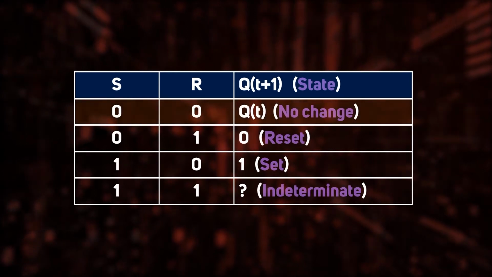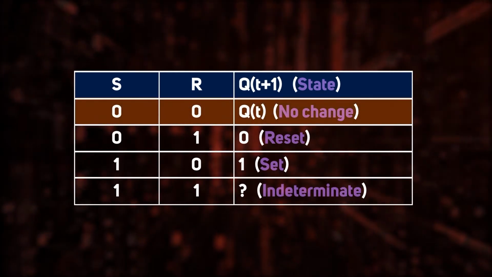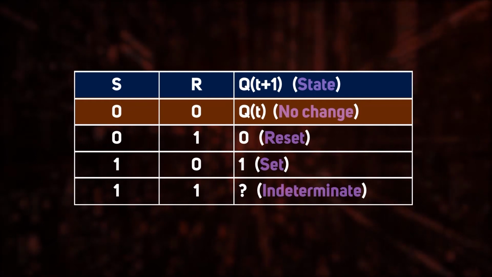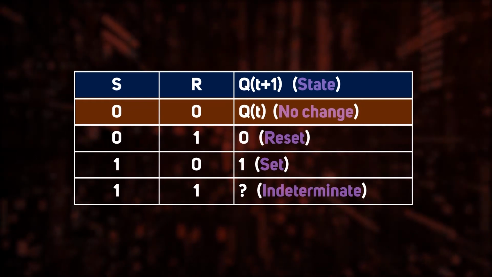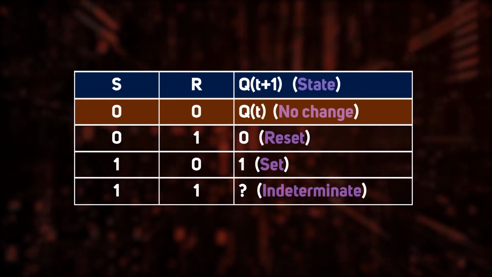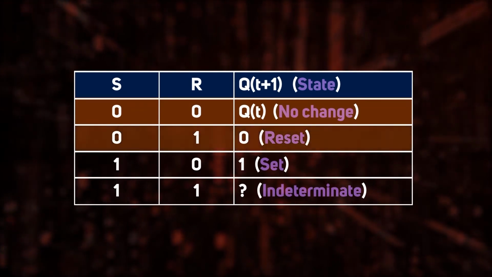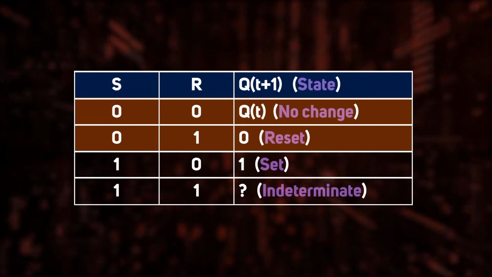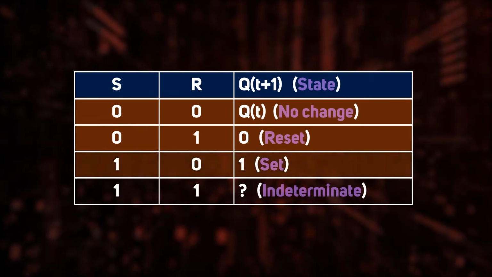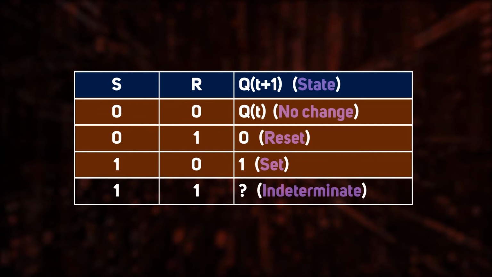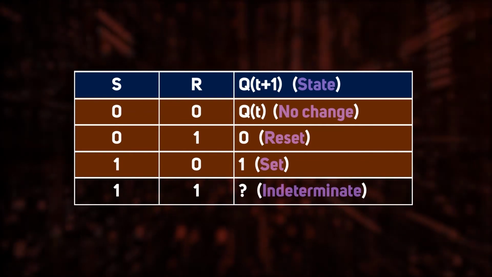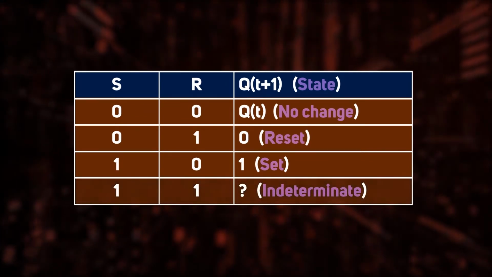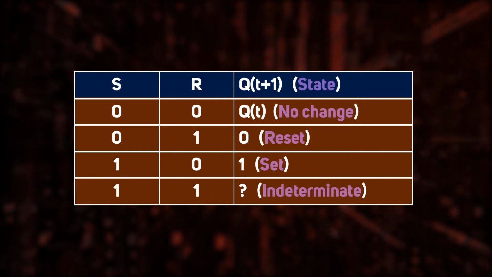When S and R are 0, the next state of the flip-flop will remain the same, it will not be changed. When S equal to 0 and R equal to 1, the flip-flop will be reset, and when S equal to 1 and R equal to 0, the flip-flop goes to the set state. And when both the inputs are 1, they will remain in an indeterminate state.